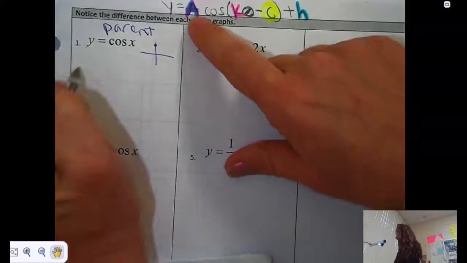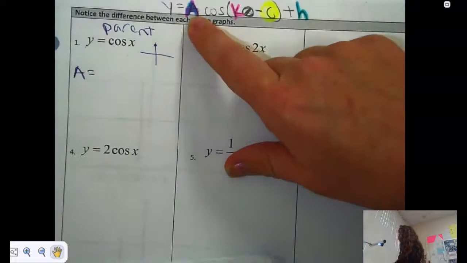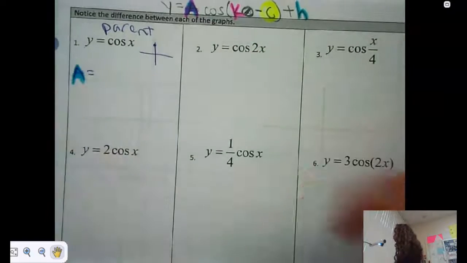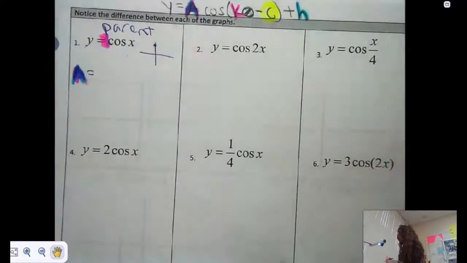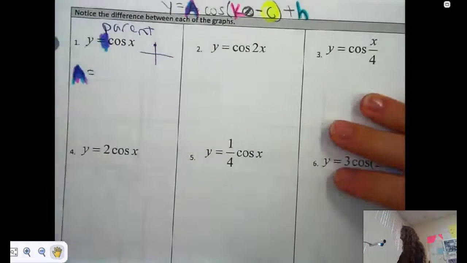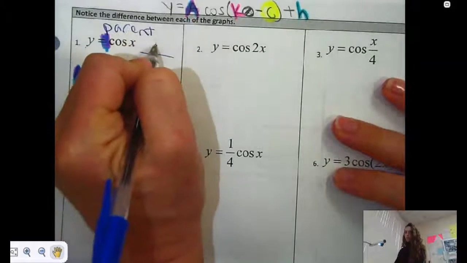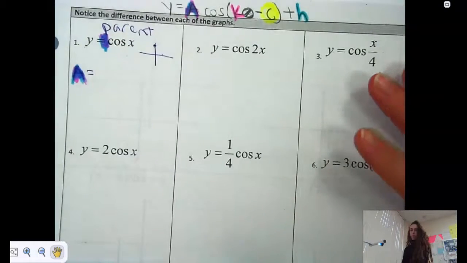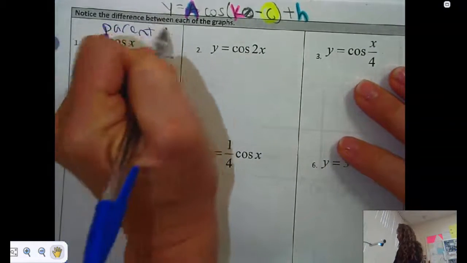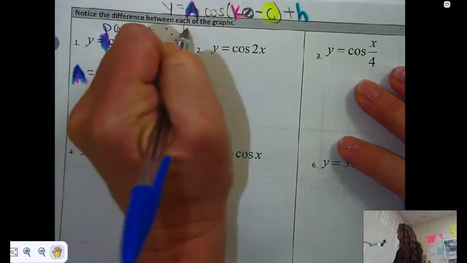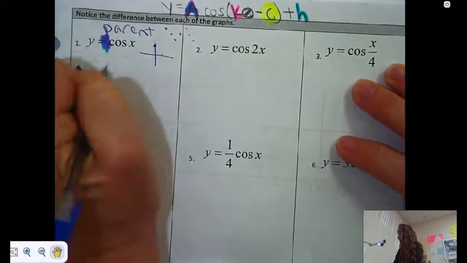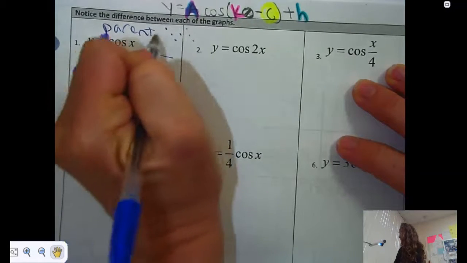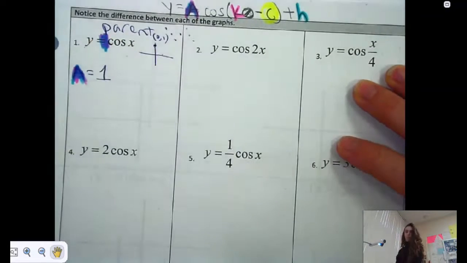The first thing I'm going to figure out is my amplitude. My amplitude, which I made in purple, so this is going to be fun, is what's right in front. That means how tall it is from the top point to the middle point, okay? Because remember when we did that top, middle, bottom, middle, top, middle, bottom? Because there's an imaginary 1, it's going to be 1. So we know the cosine graph starts with 0, 1.